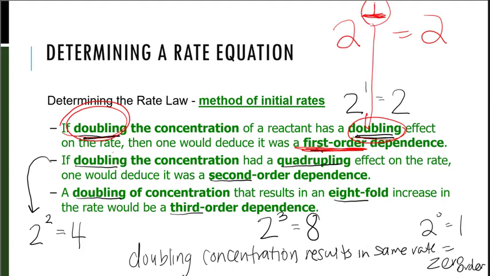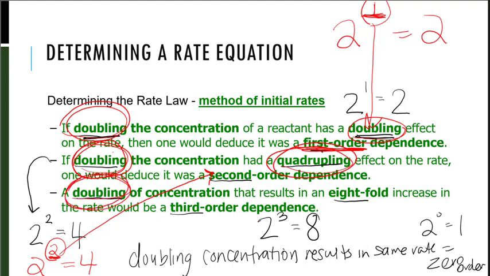That's why it's a first order dependency. Now if I double the concentration, so 2, with the concentration on the left, and it quadruples the rate, 2 raised to the what power gives me 4? That would be 2. So that would be a second order dependence.